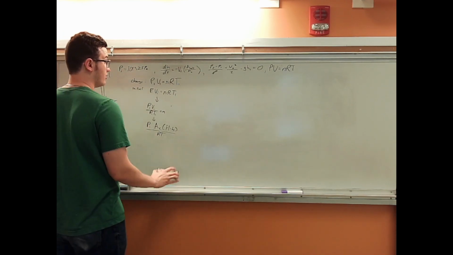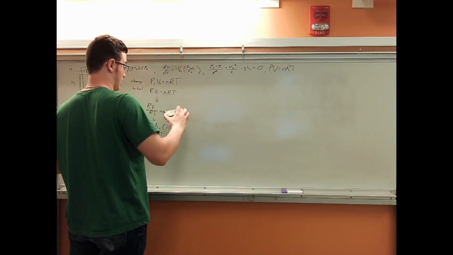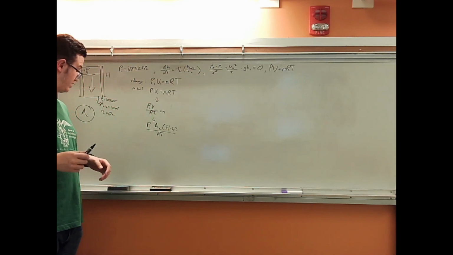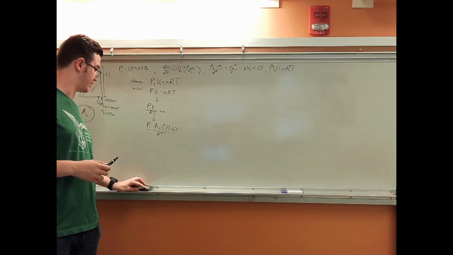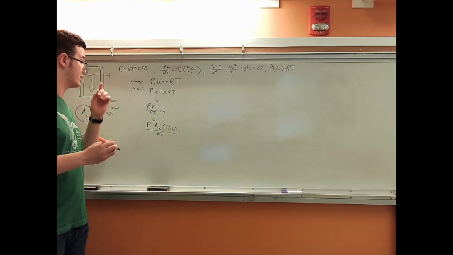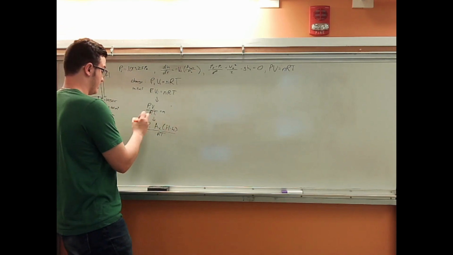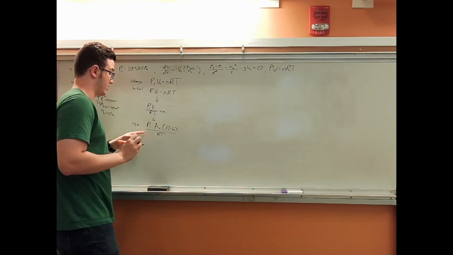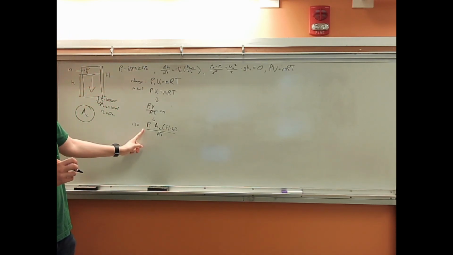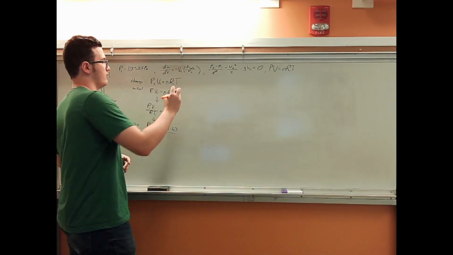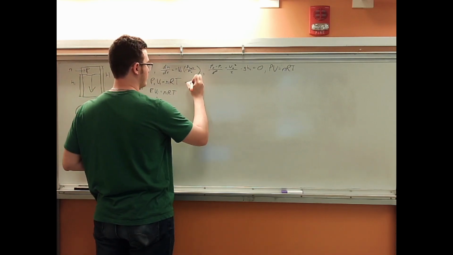So these two, I can erase their little notes there because there's no difference between states. Equals N equals. So we have a moles here, and then let's do the same thing over here.